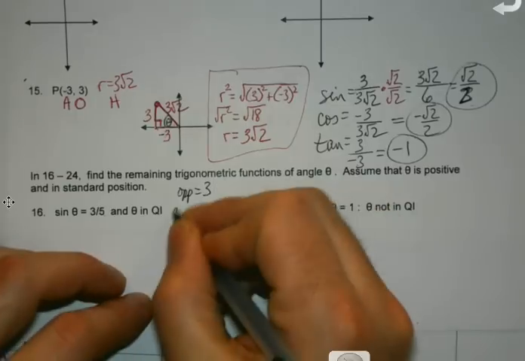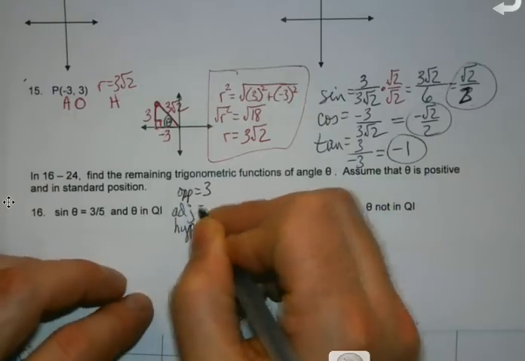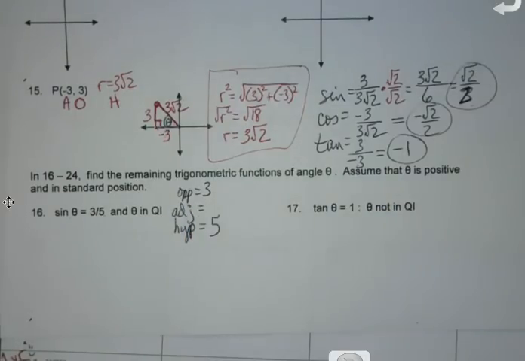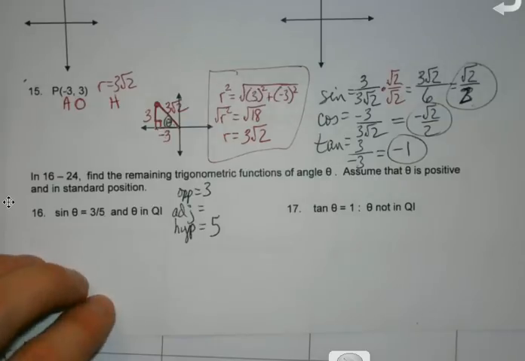One very simple way to do that. Do I have to draw a picture? No. If you have a right triangle and you know the hypotenuse and one of the legs, how do you find the other leg? Yeah, you're using the Pythagorean theorem.